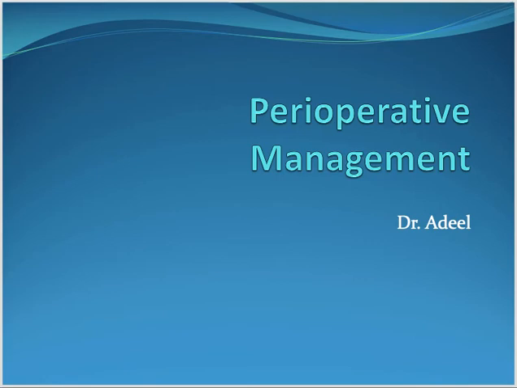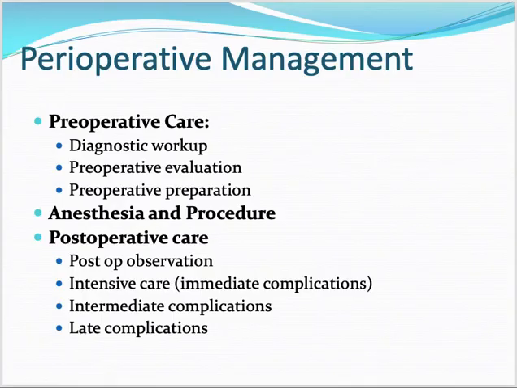Now, there are three phases of surgery. One is called the pre-operative phase, then there is the intraoperative phase, and then there is the post-operative phase. Together these three are called perioperative management or phases.